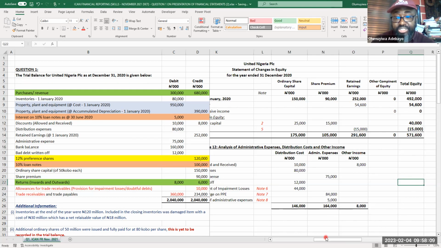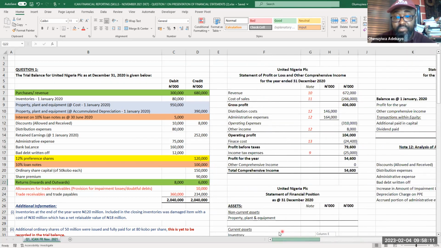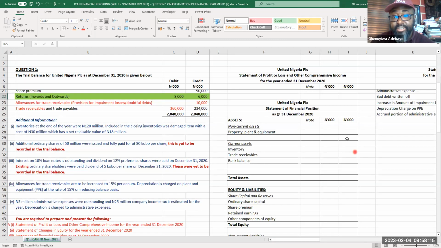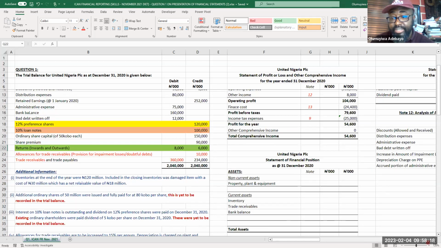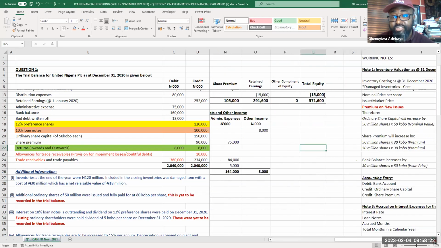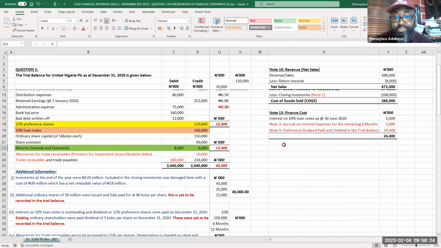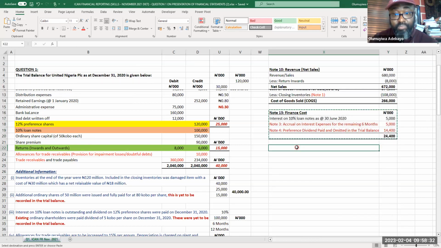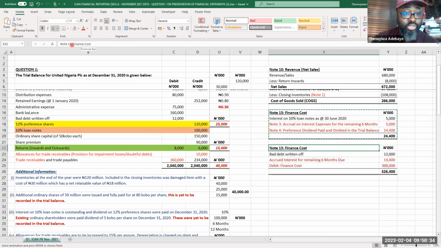Now, my balance sheet. My PPE. Therefore, I think I stop at note 13. I can have note 14 now. Note 14.